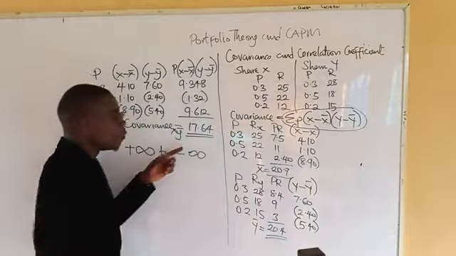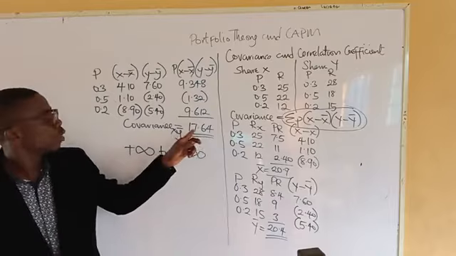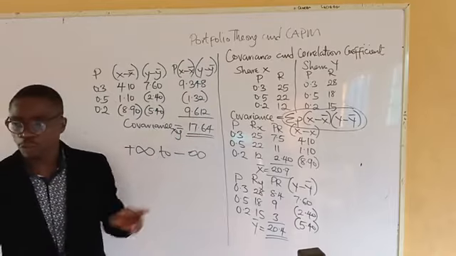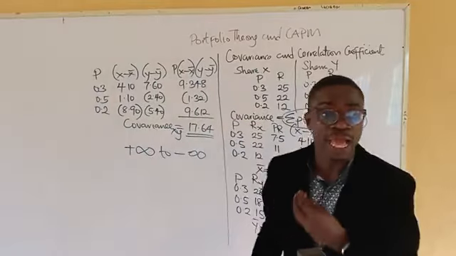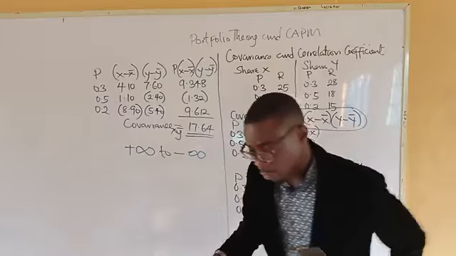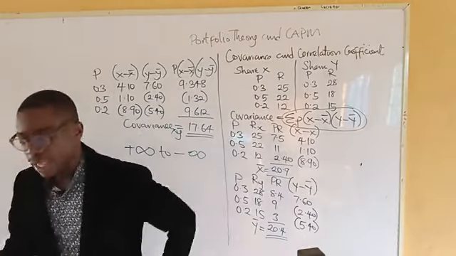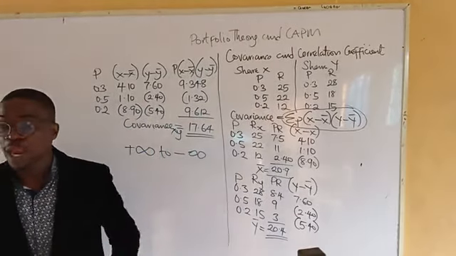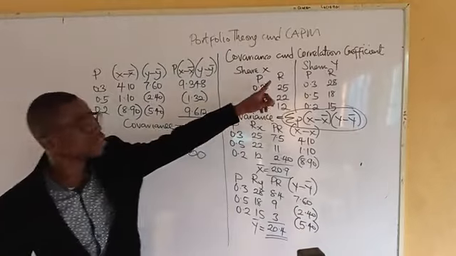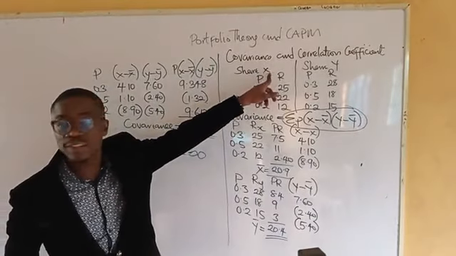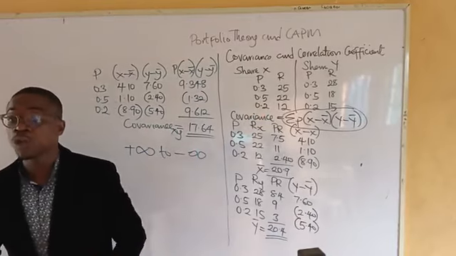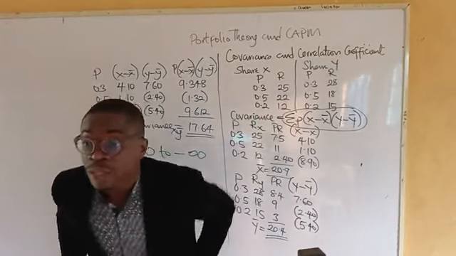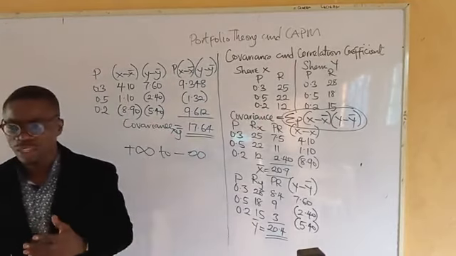Now, in this covariance, what do you have? 17.64 is positive, right? When you have a positive covariance, it means that as one is increasing, the other will also increase. As the value of x increases, the value of y also increases in the same direction. Are you getting what I'm saying?